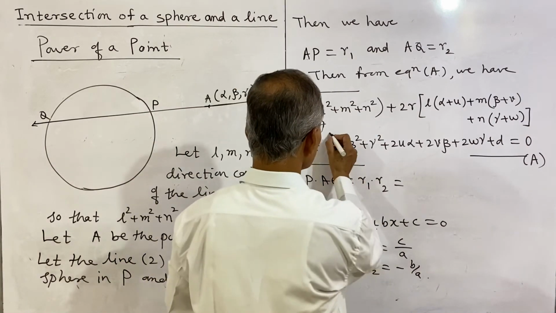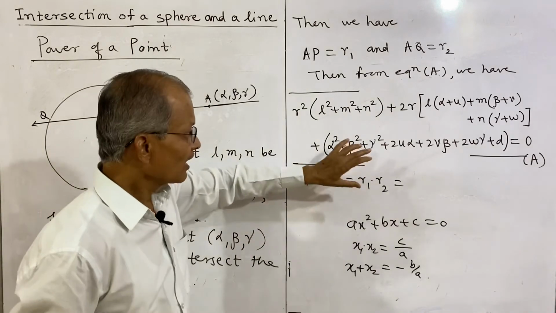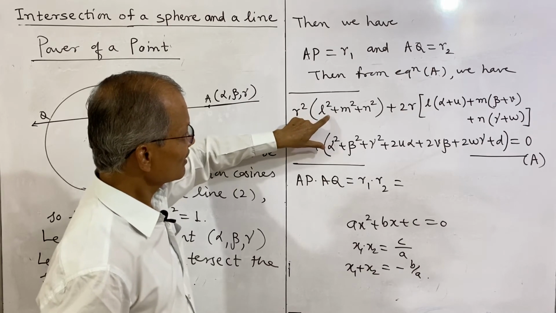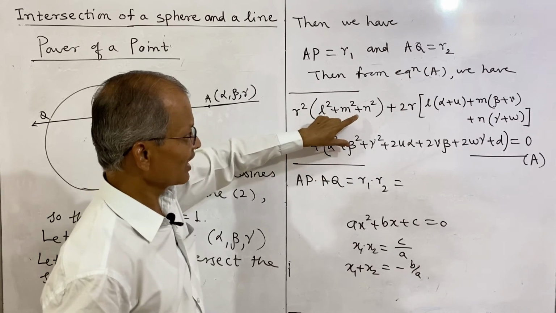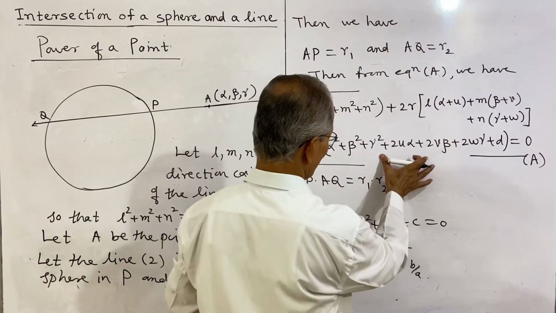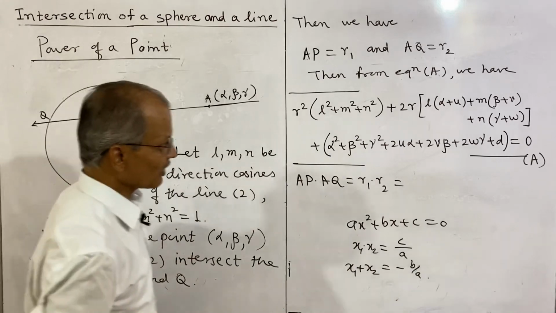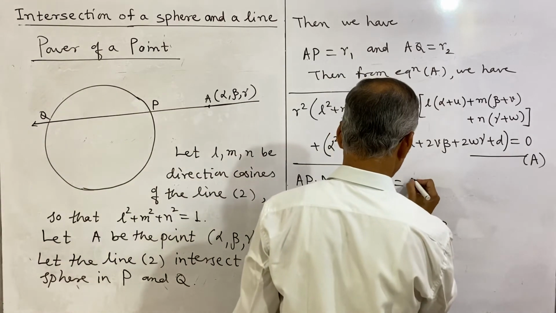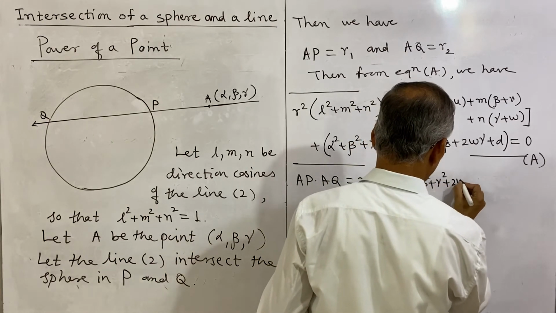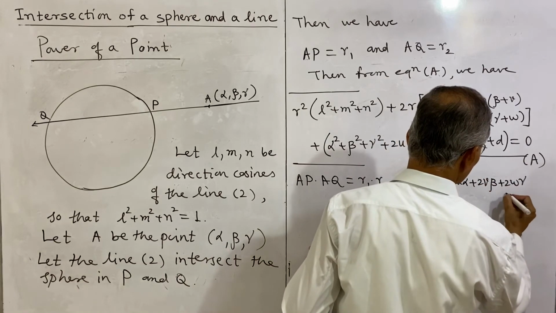What is C? C is this last term, so we should put it in bracket, and this is C divided by A. But you see this A is L square plus M square plus N square, and that value is 1. So R1 into R2 is alpha square plus beta square plus gamma square plus 2u alpha plus 2v beta plus 2w gamma plus d.